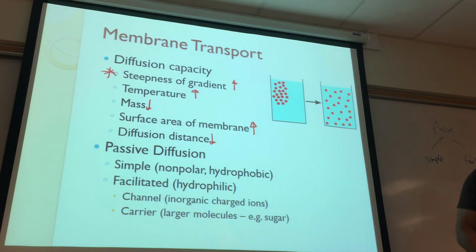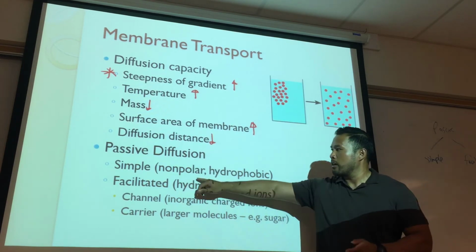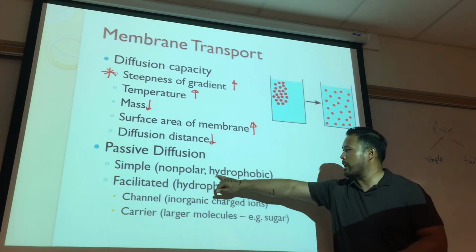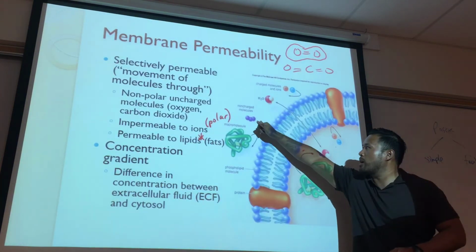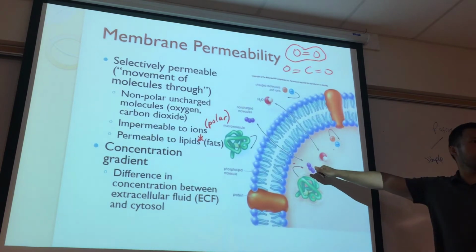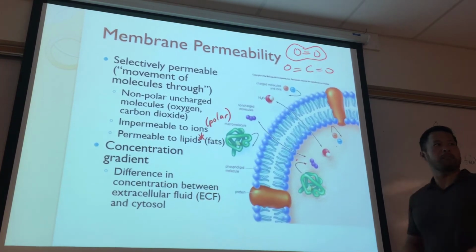Simple diffusion is exactly the mechanism that we were talking about, where things such as nonpolar molecules that have a tendency to be hydrophobic can just move across. So non-charged molecules will move across through the phospholipid membrane. It's simple diffusion. You move through the phospholipid membrane.